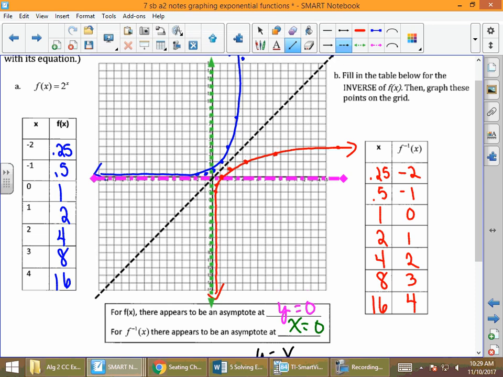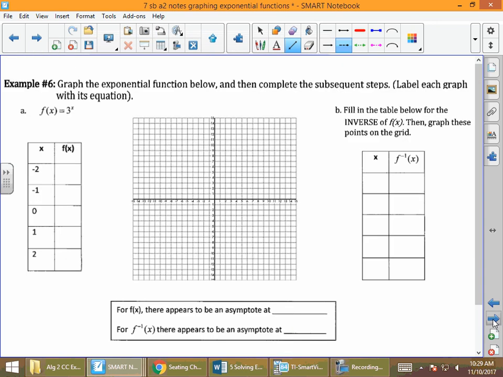Let's look at another one here on the same page. And luckily, we've also graphed f of x equals 3 to the x. We did that earlier in the week. And the values that we found here were -2 is 0.11, -1 is 0.33, 3 to the 0 is 1, 3 to the first is 3, 3 squared is 9.